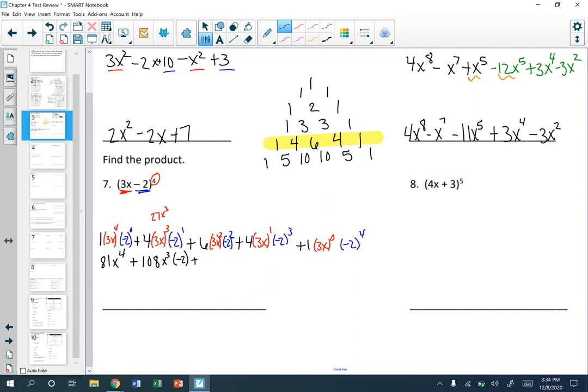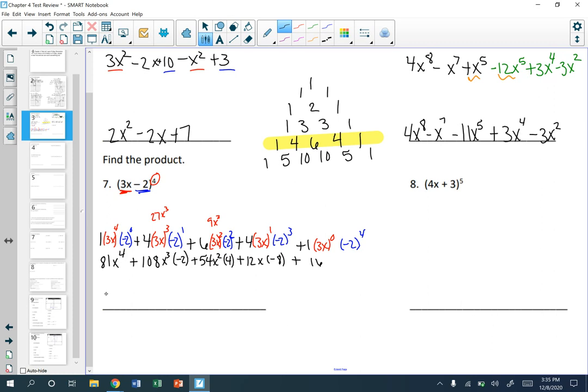Plus, now I have 3x squared is 9x squared times 6 gets me 54x squared times negative 2 to the second is 4. Plus here I just get 12x, and then negative 2 to the third is negative 8. Plus 3x to the 0 is 1 times 1, and then negative 2 to the fourth is 16.